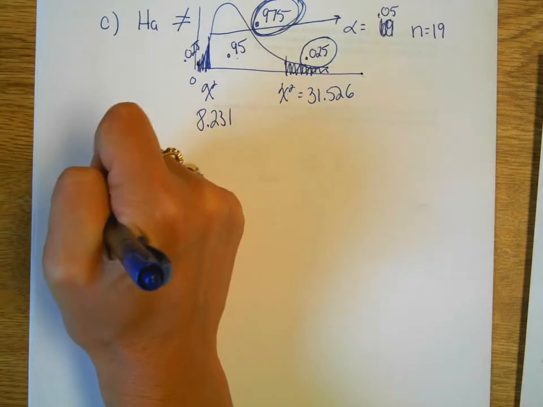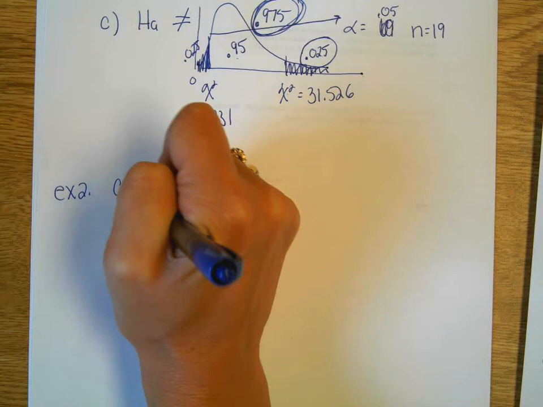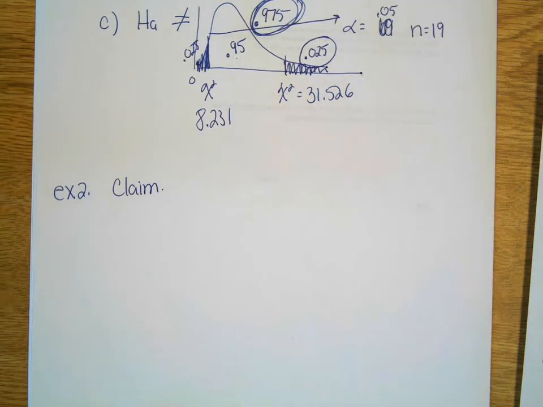Okay, number 2. Claim. Gotta find it here, number 7, 5.